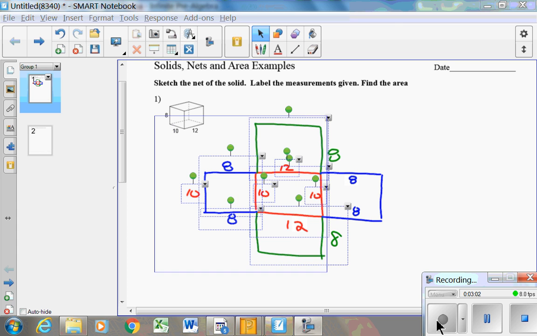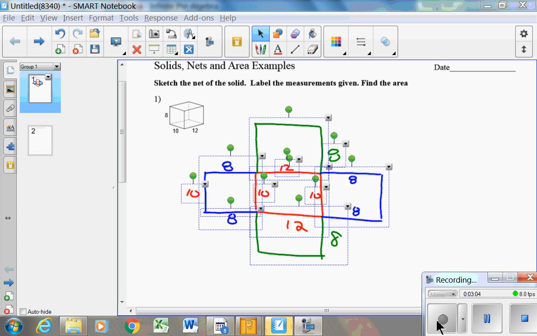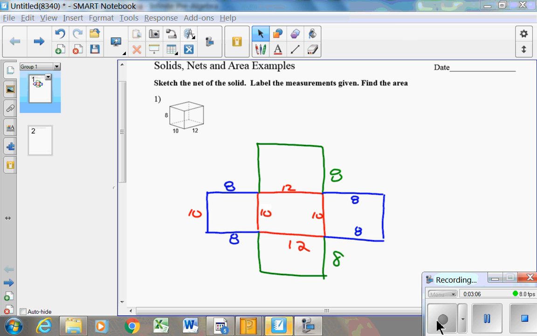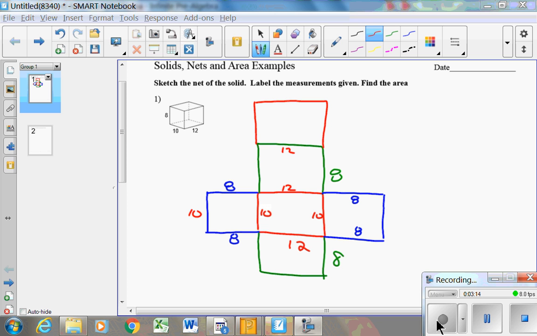I'm just going to move all my shapes down a little bit to give me room to draw one more rectangle up here. And this is 12, and I want to draw this to be 12 by 10, because the top is 12 by 10, just the same way as the bottom is 12 by 10.